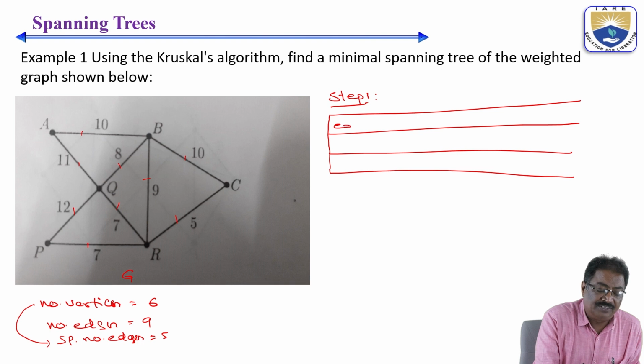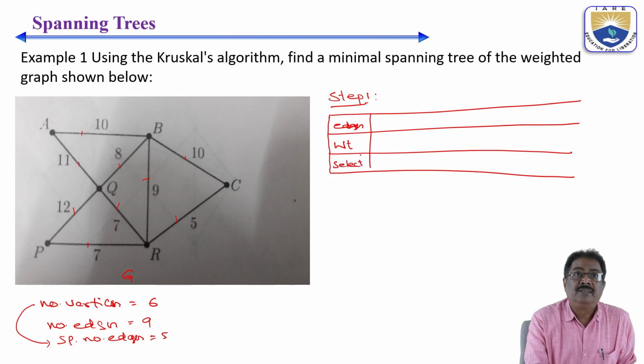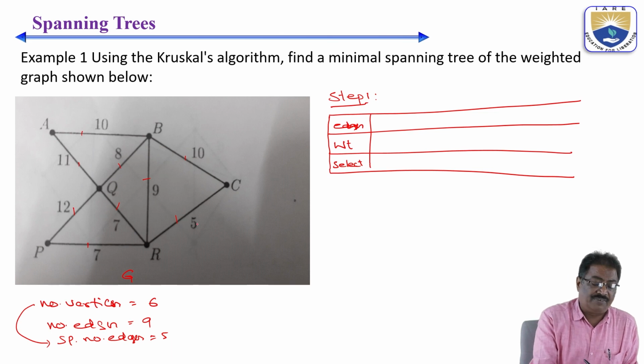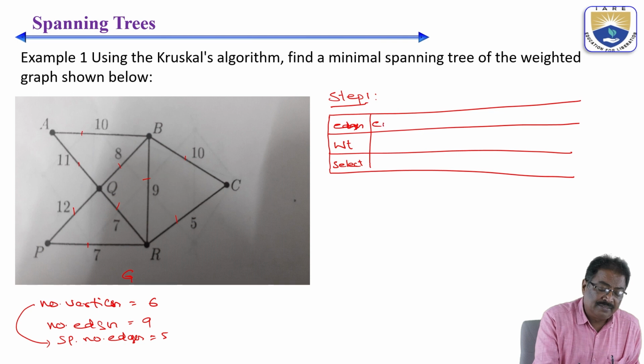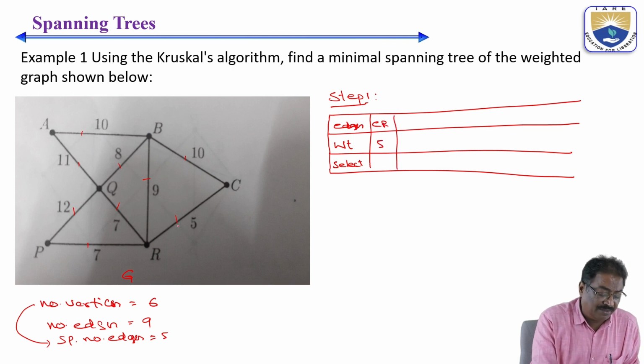So the edges will be, and now the corresponding weight, whether we are going to select or not. Here first we are going to select the least weight. Least weight is 5, so we get CR, which is 5. Next weight is 7, QR, which is 7.